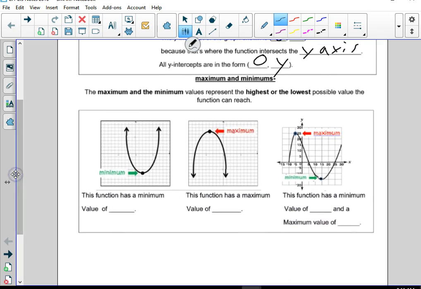Maximum and minimums. Okay. The maximum and minimum represent the highest or lowest possible points the function can reach. Okay? So again, if I'm on a swing, when I go to the park and I get on the swing, it is just sitting there, right? The seat is at its lowest point in the arc.